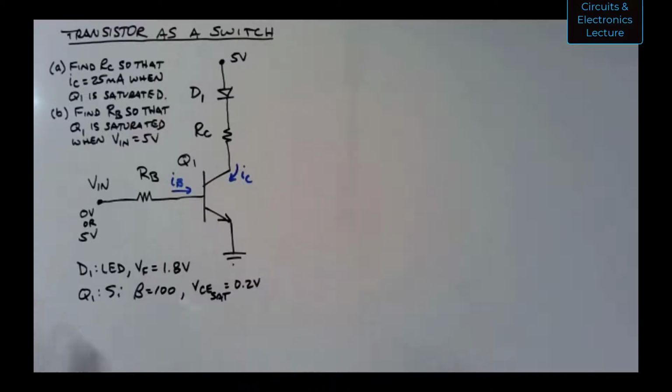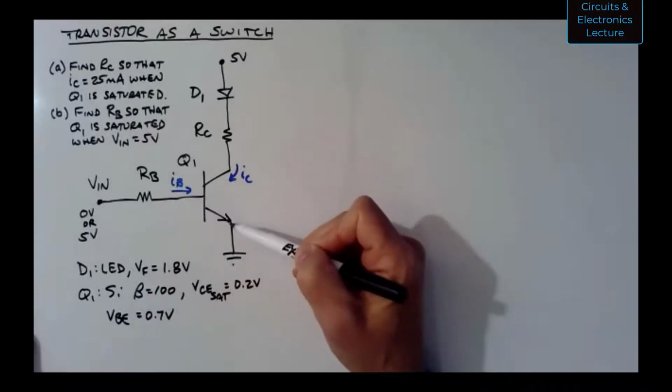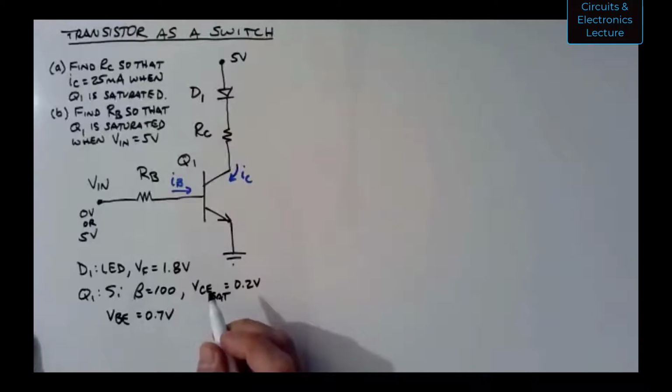Again, you could read that off of a plot in the data sheet. It'll be about 0.2 volts. And then VBE, again, you could look at the data sheet, but you would find for a silicon transistor, you'd have about 0.7 volts between base to emitter across that diode junction when there's current flowing into the base.